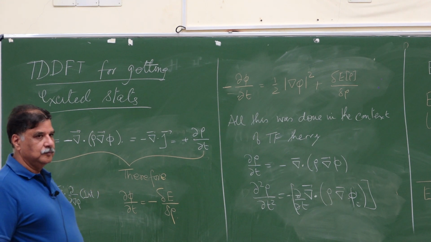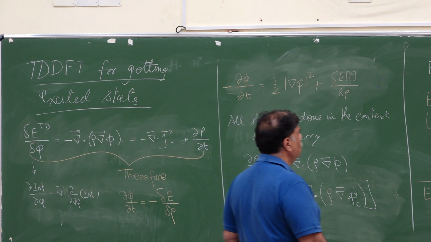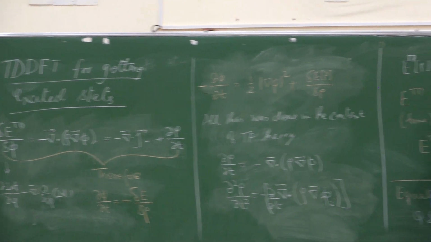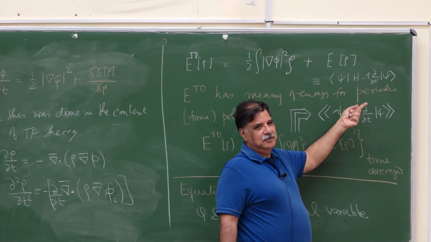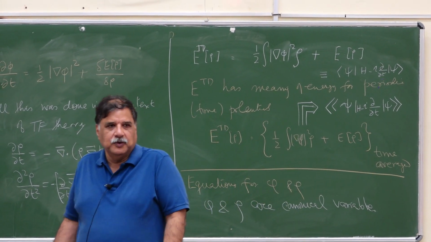How did you get the action that you have written there? Well, I mean, I'm trying. What is this whole thing? It is like the expectation value of Hamiltonian minus i d by dt. So I'm saying this is equivalent to that. So there is no other term.